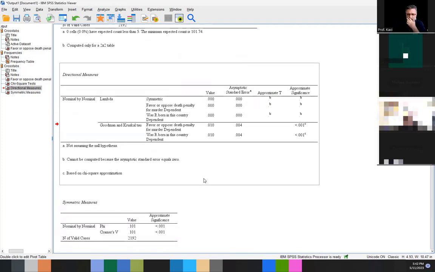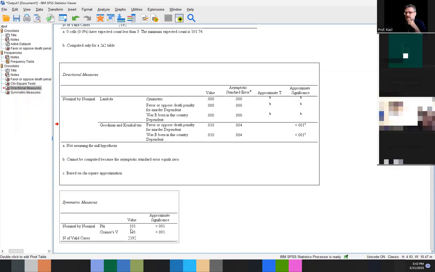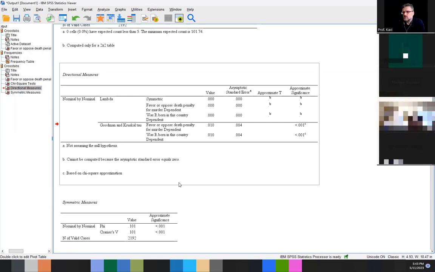No. However, when we go to the nominal by nominal symmetric measures, then we see that there is about 10% association strength. 0.1 is rather weak association, even though statistically this is a significant association.